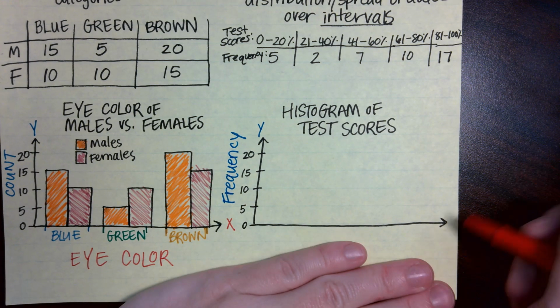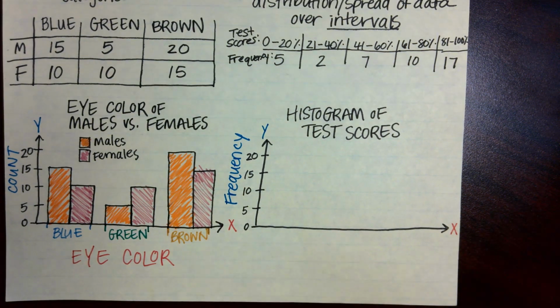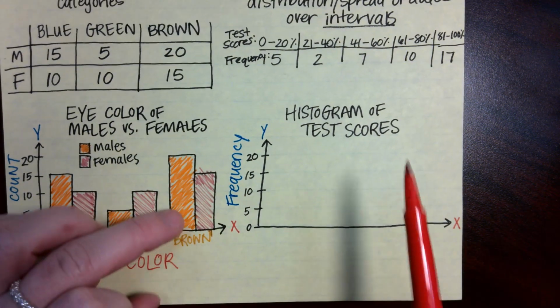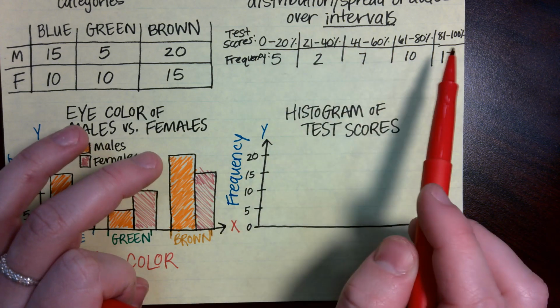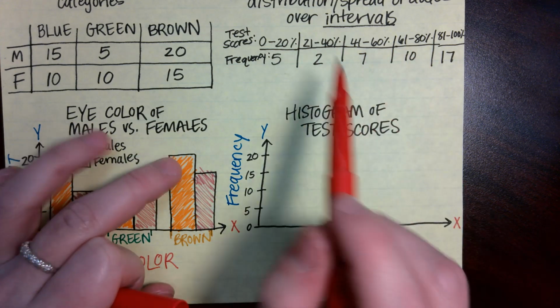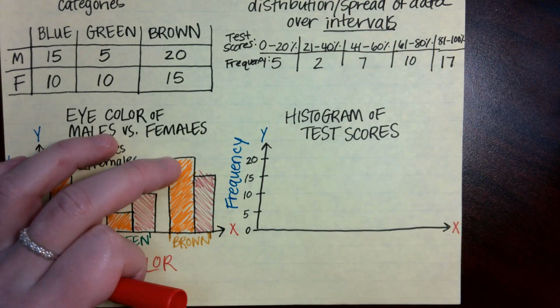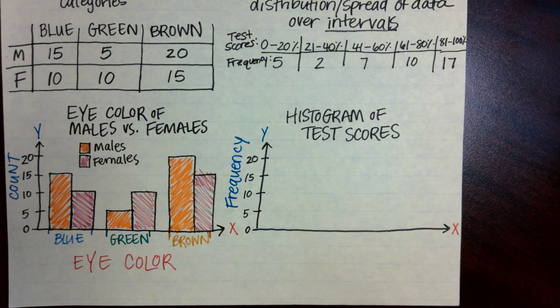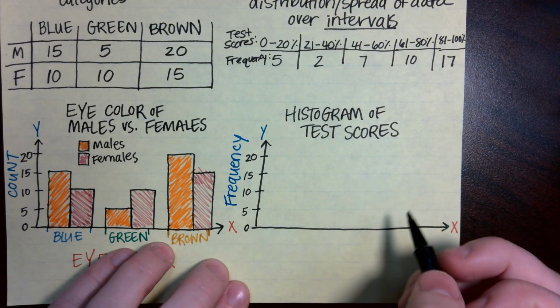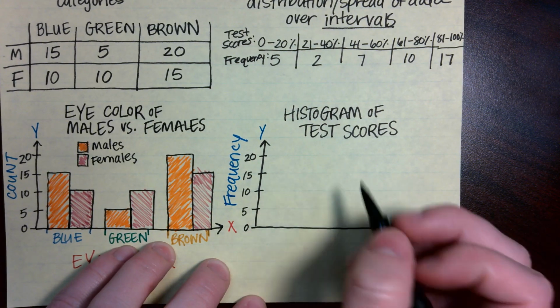Alright, and on our x-axis, we're going to be putting those ranges of test scores. So there's going to be 1, 2, 3, 4, 5 categories here that we're comparing. So I'm going to make 5 little tick marks and separate my data.